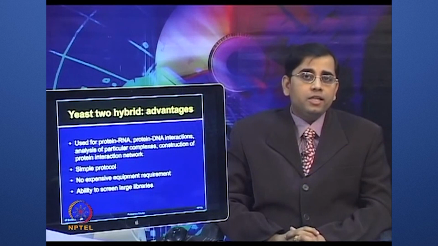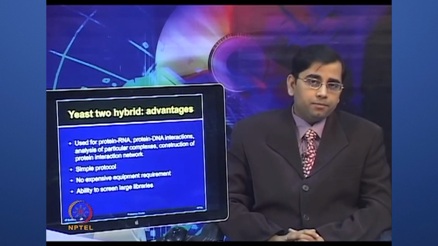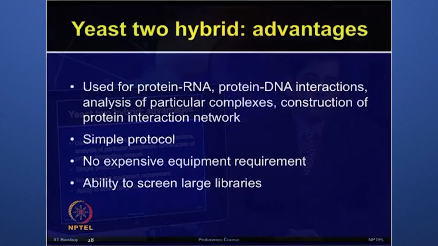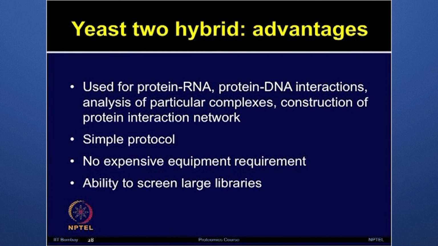What are different advantages of using the yeast two-hybrid system? As I mentioned, since 1989, when it was shown for the first time for studying protein interactions, it has been used for various types of applications, including protein-RNA, protein-DNA, analysis of particular complexes, as well as studying large protein interaction networks.